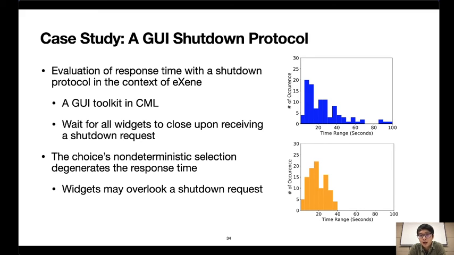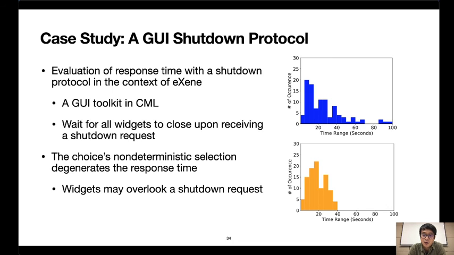In the graphs, on the top we have the result from CML, and on the bottom we have the result from Prior CML. We can see the response time is significantly faster in Prior CML. The maximum shutdown time has been reduced from 100 seconds to 40 seconds.